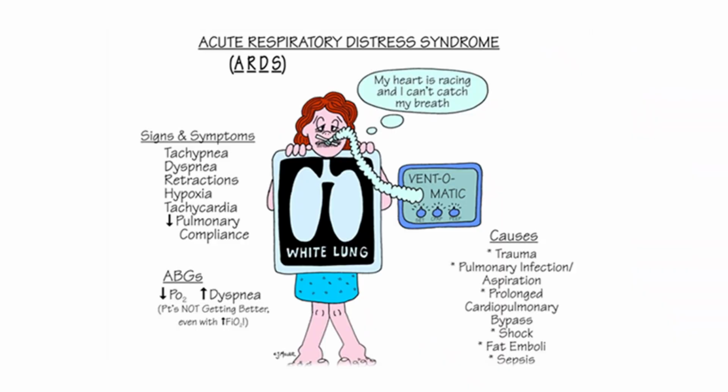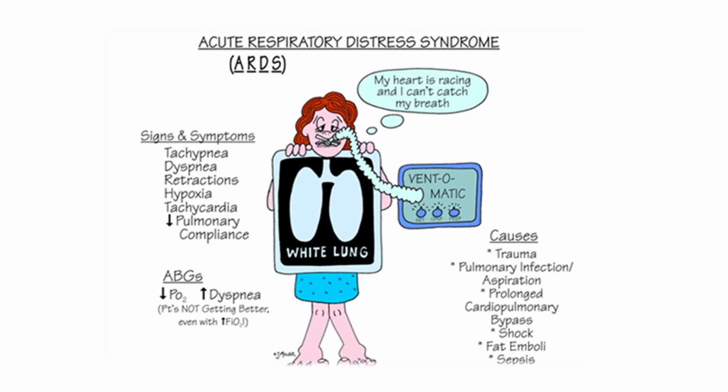ARDS is a life-threatening condition with a very high mortality, and it has a rapid onset, making it difficult to detect often in the early stages. And the treatment for ARDS can be especially challenging because it's often limited to supportive care, especially when we don't know the underlying cause.